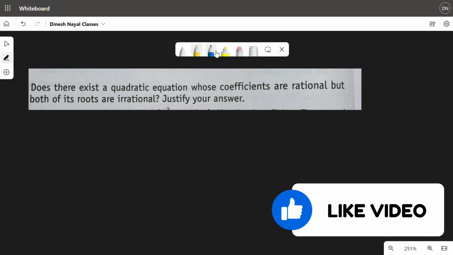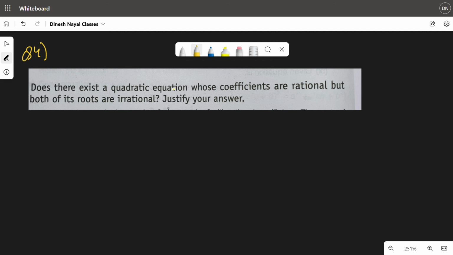Now question 4 is: does there exist a quadratic equation whose coefficients are rational but both of its roots are irrational? Justify your answer. So the answer is yes. We can see that there is such a quadratic equation. Consider the quadratic equation 2x square plus 5x minus 4. So you see that the coefficients are rational.